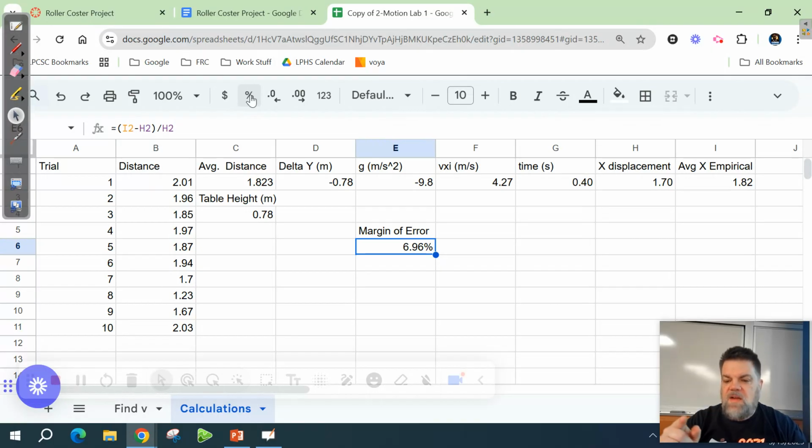But ideally, you would like for this to be less than 5%. Okay? And if it's less than 5%, then you know what you're doing is right. Now, if you're not quite less than 5%, it just means that you need to measure a little more precisely.